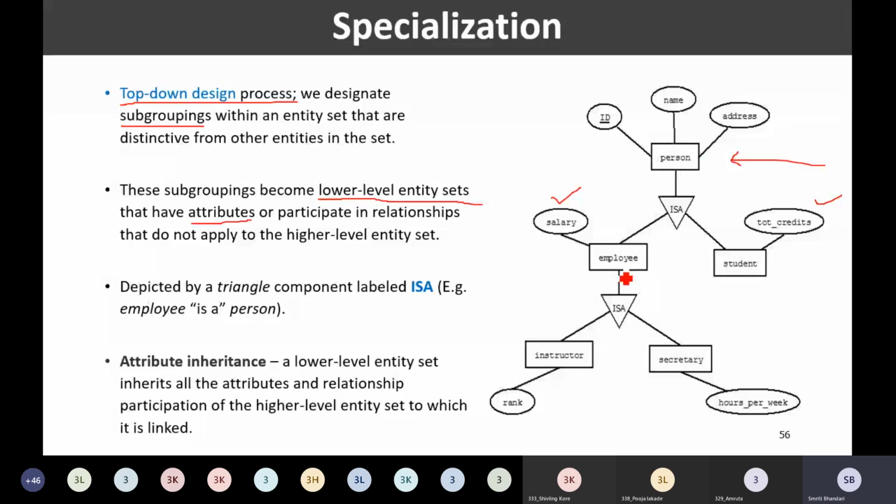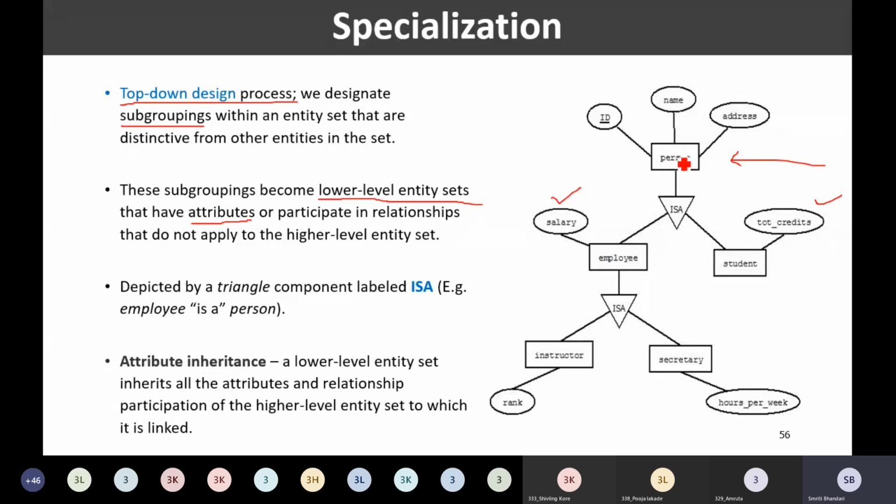So the attributes from the higher level entity sets are inherited by the lower level entity sets. But in addition, the lower level entity sets have their own attributes.